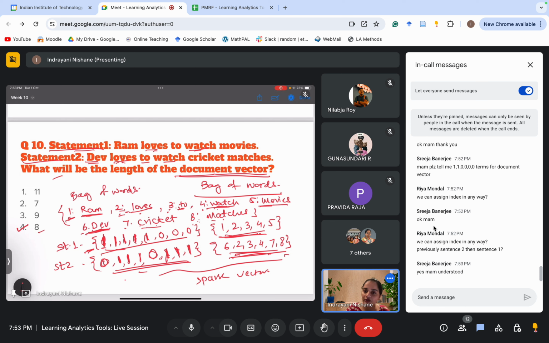Sentence 2 can go first, then sentence 1 can come. So we are free to assign this sequence number to our bag of words in any way. There is no rule to assign this sequence number to the bag of words.